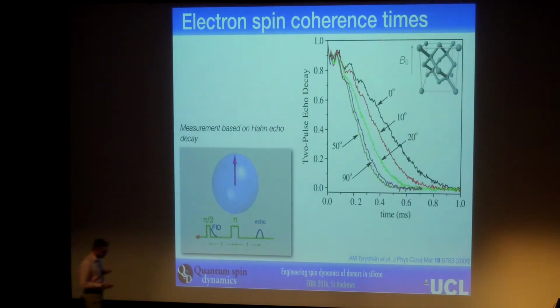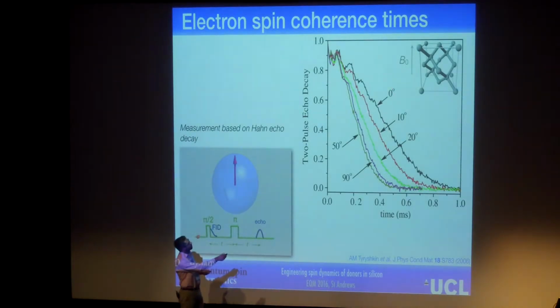So here are some example decay curves showing this echo intensity as a function of this delay, showing decoherence of this ensemble of phosphorus donor spins in silicon. So first of all, you can notice the time scale. It's in the sort of hundreds of microseconds.